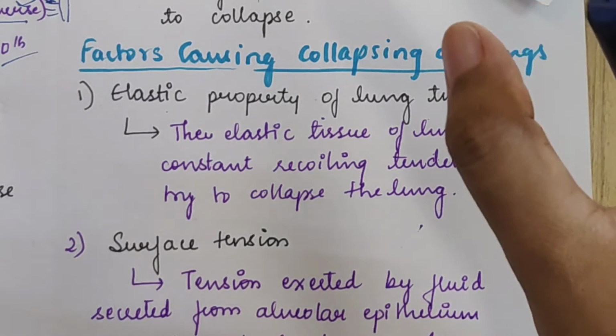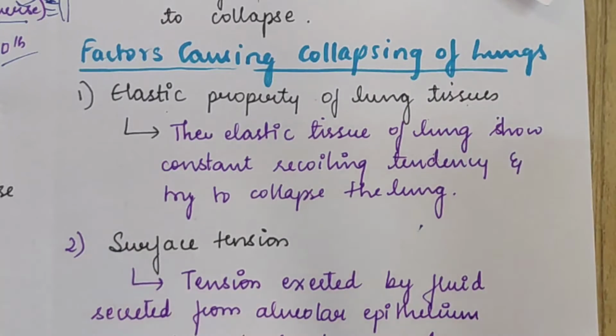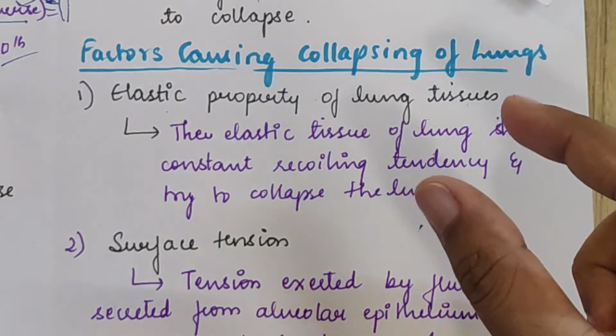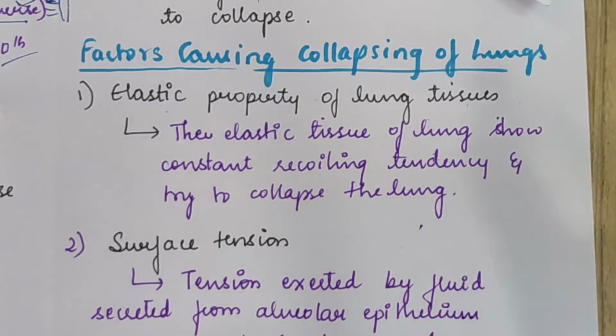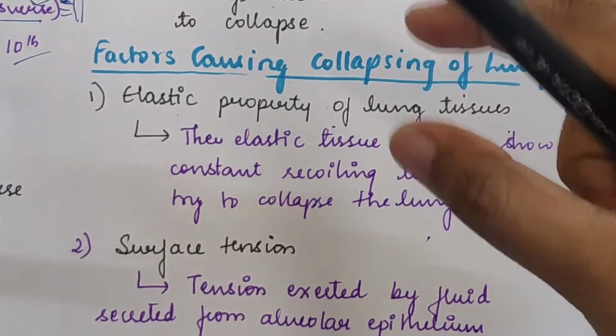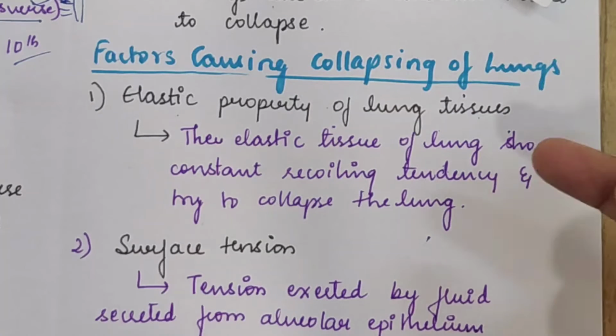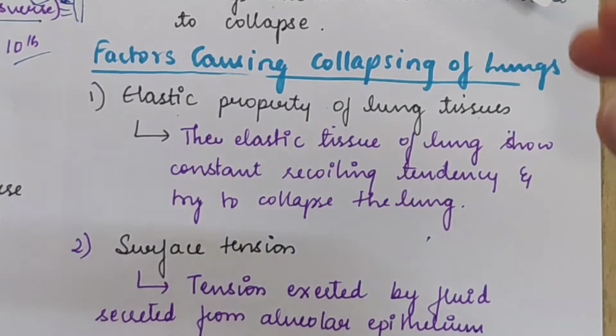So the lungs naturally want to return to their smaller resting size. This inward pull is called the elastic recoil. Understood? It helps push air out during exhalation, and it also contributes to the lungs' tendency to collapse if not opposed.